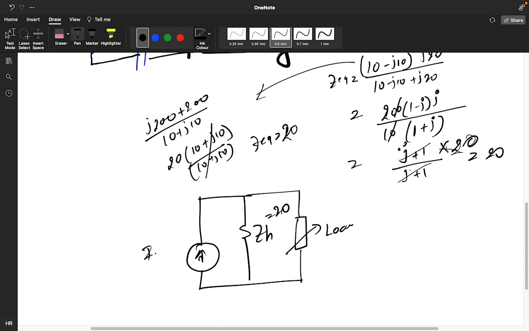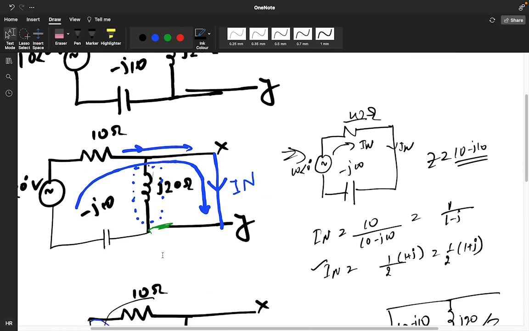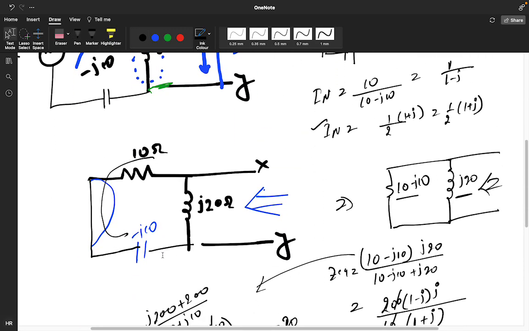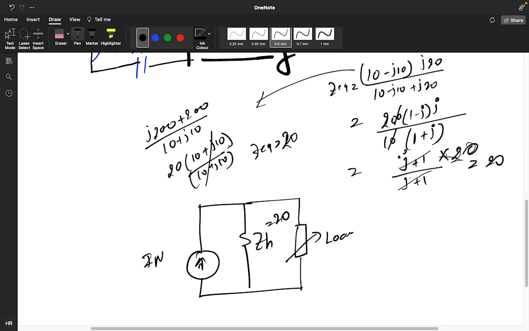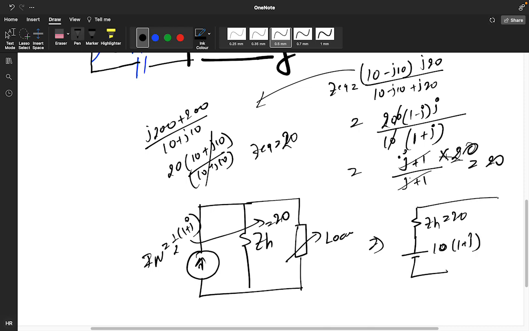And your Norton current, you got 1 by 2 into 1 plus J. If you want to find your VTH, you have to multiply. So ZTH will be 20 and your VTH will be this multiplied by this, you will get 10 into 1 plus J, and your load will be this.